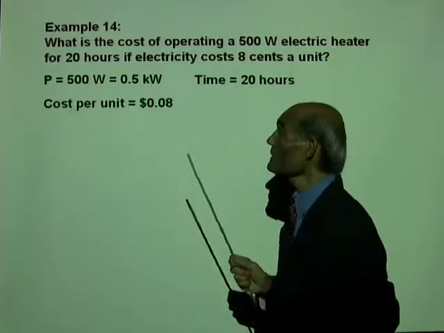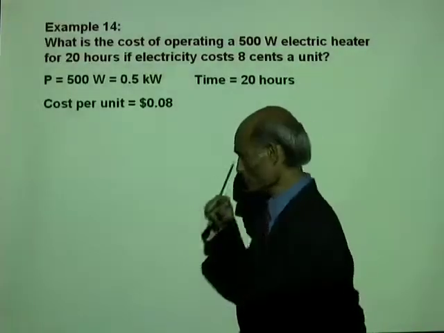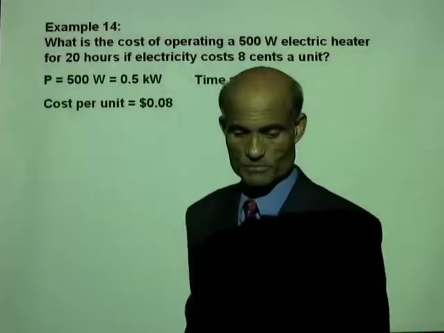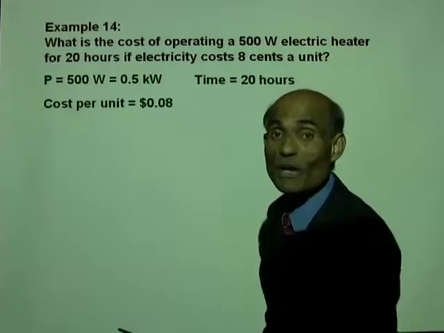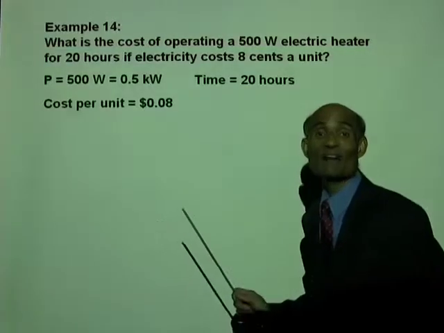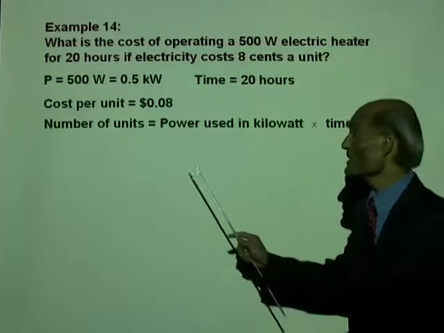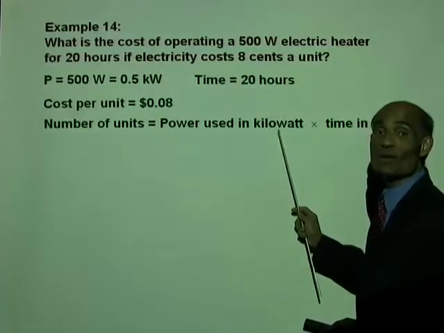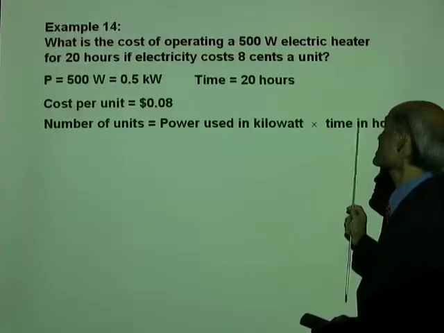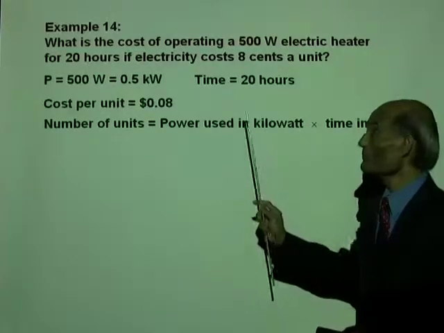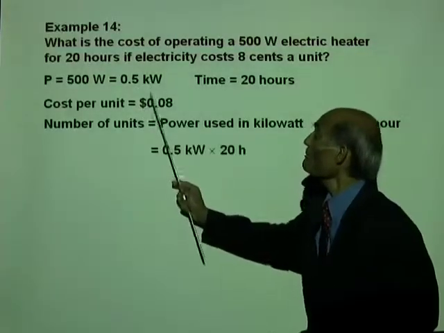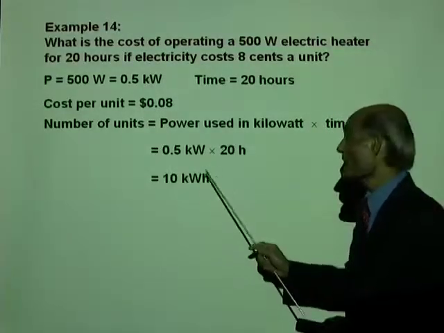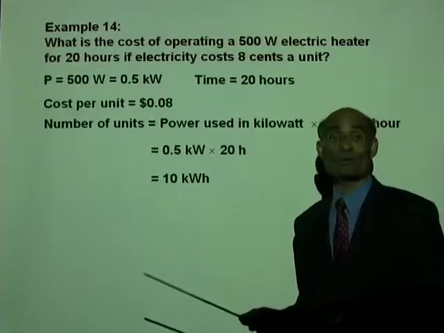Therefore, how many kilowatt hours are consumed in here? The number of units equals power used in kilowatt multiplied by the time in hour. So that will be 0.5 kilowatt multiplied by 20 hour, that is 10 kilowatt hour.